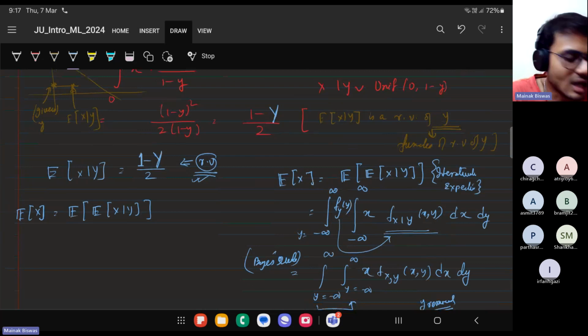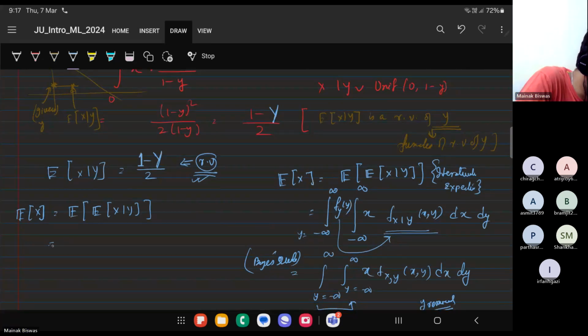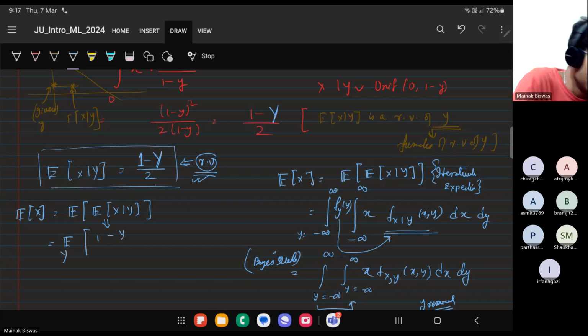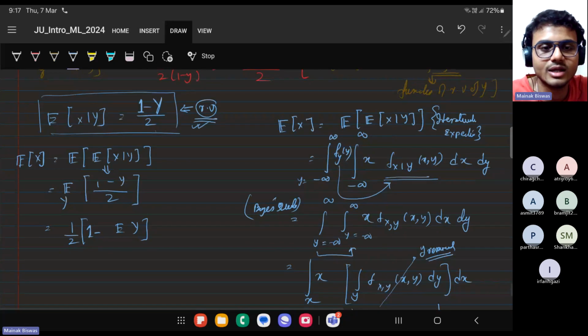Okay, someone else tell me how will I solve this? So this is the expected value of the distribution y, 1 minus y. So this I already know. I have calculated from this: 1 minus y by 2. This is half minus expected value of y. Now what is the expected value of y? How do I calculate?